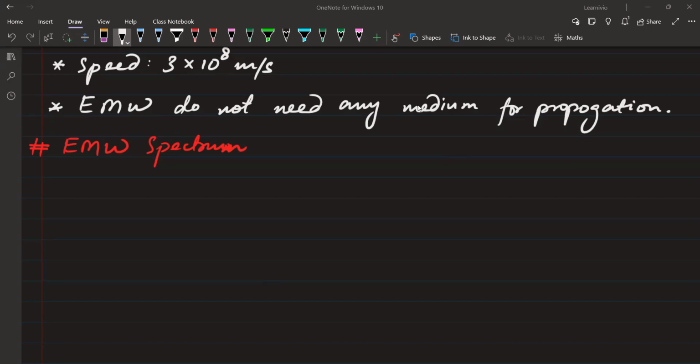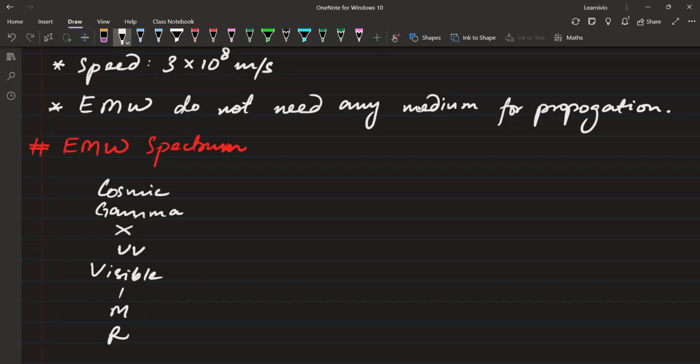Now, in electromagnetic spectrum, first of all, we have cosmic. Then we have gamma. Then X, UV. Then we have visible, IMR. Remember it like this: cosmic, gamma, X, UV, visible, IMR. Cosmic is cosmic rays. Gamma is gamma rays. X is X rays. UV is ultraviolet rays.